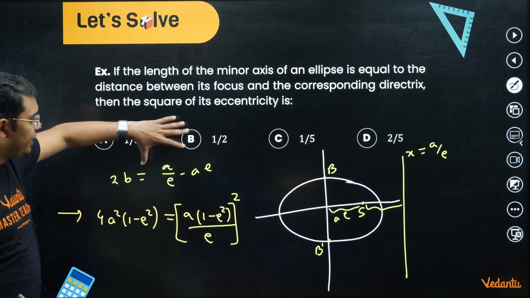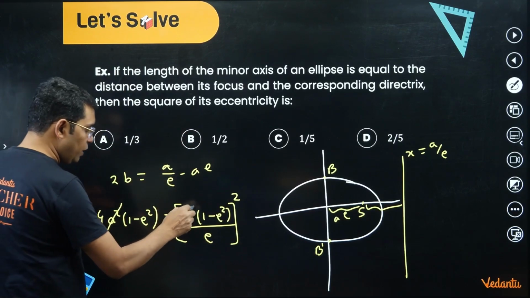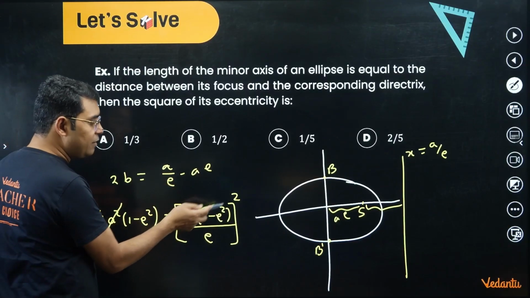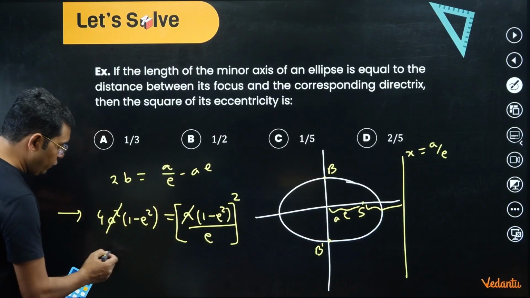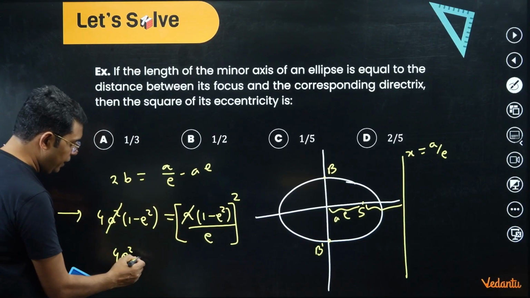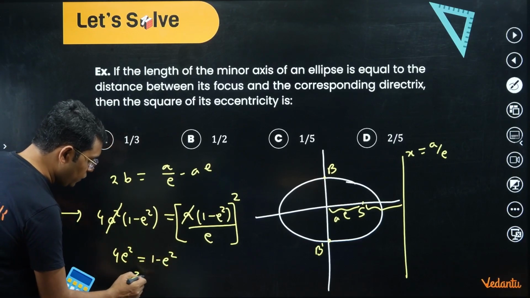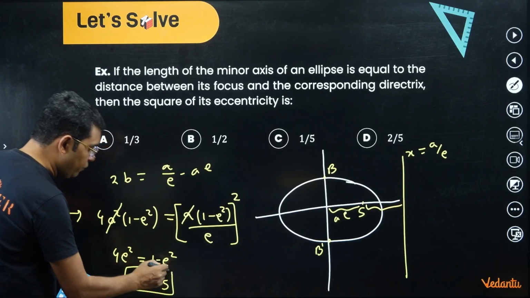So this a square will cancel this a square, and one of the 1 minus e square will cancel the 1 minus e square here. e cannot be 1 for an ellipse, so we can write 4 e square is equal to 1 minus e square. So this gives you e square is equal to 1 upon 5. That can be one method.